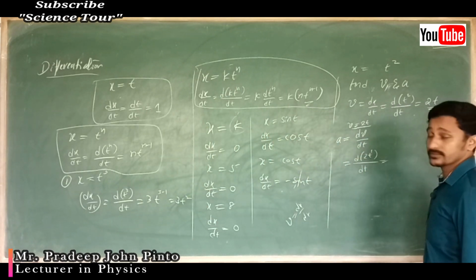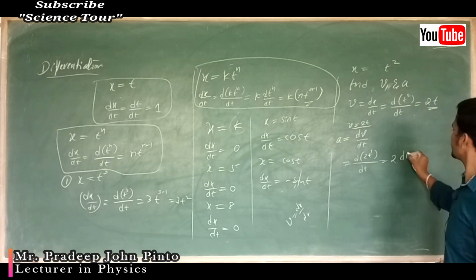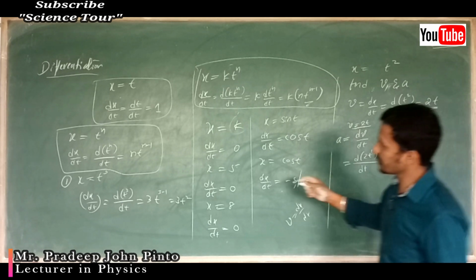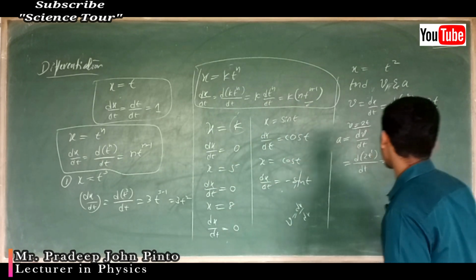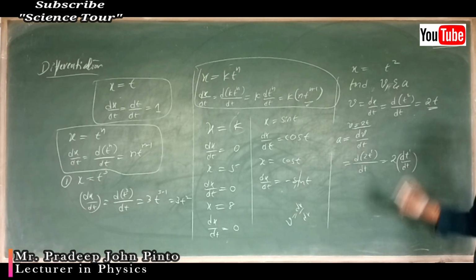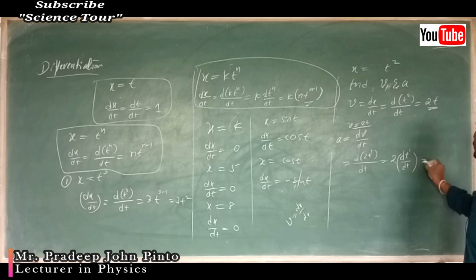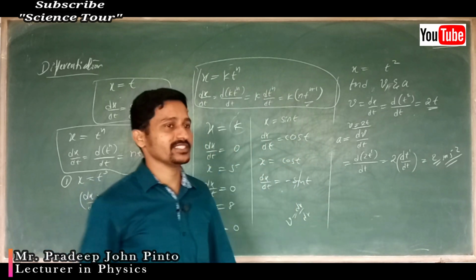So what you have to do: 2 into d of t to the power 1 by dt. dt by dt is 1, no? T to the power 0, isn't it? 1 into t to the power 1 minus 1, that is t to the power 0, so it is 1. So you are going to get 2 meter per second square. Acceleration of the object is 2 meter per second square.